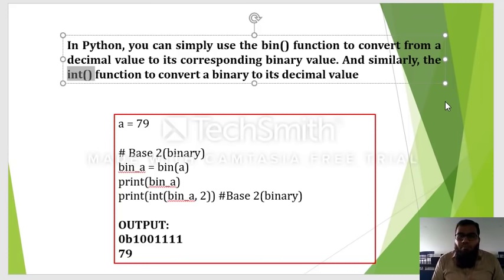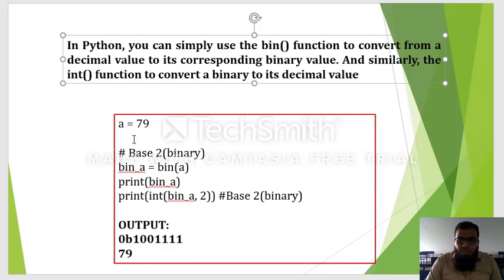So bin can be used to convert any integer or decimal number into a binary number system. If you want to perform the reverse, that means binary into decimal, we need a function called int.